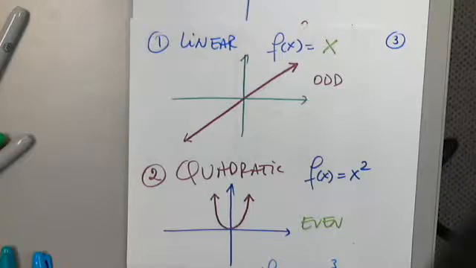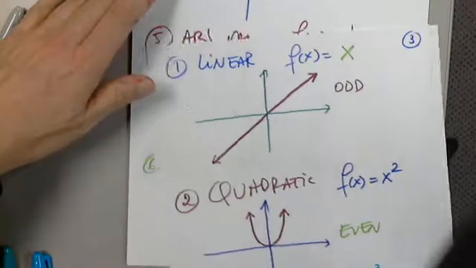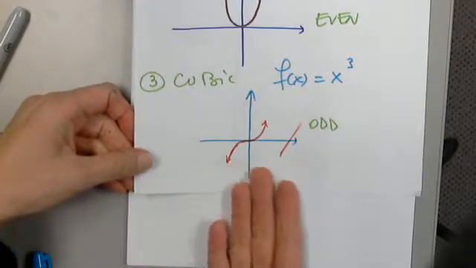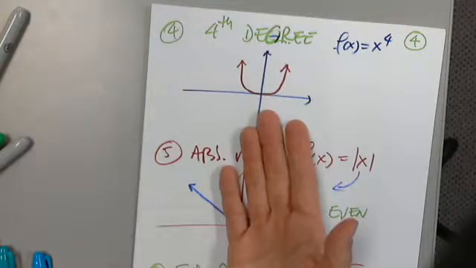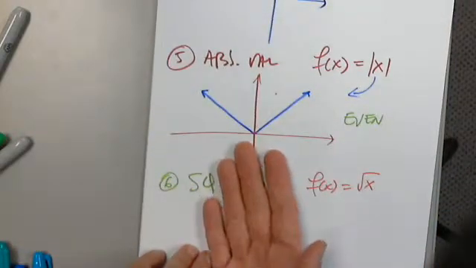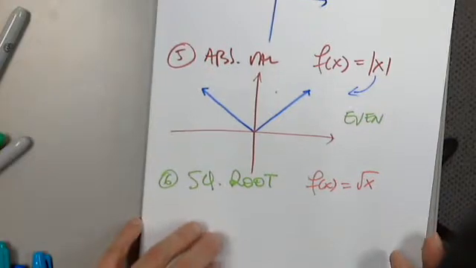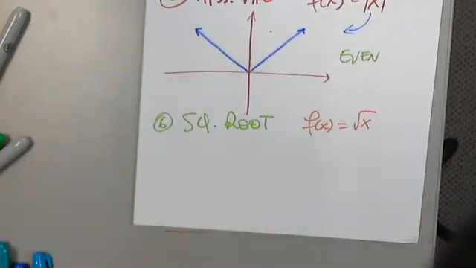Every time I'm asked to graph a function, the first thing I have to find is the domain. Well, these are polynomial functions. What is the domain of f of x equals x? What is the domain of f of x equals x squared? What is it? All real numbers. What is the domain of this function? Okay. What is the domain of this function? Everything. What is the domain of this function? Everything.